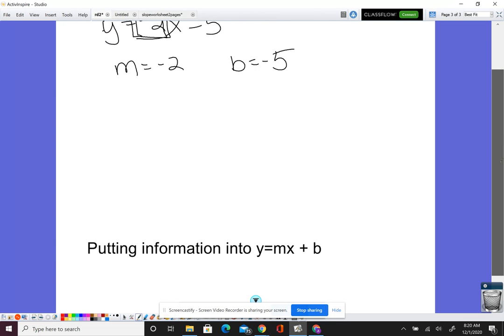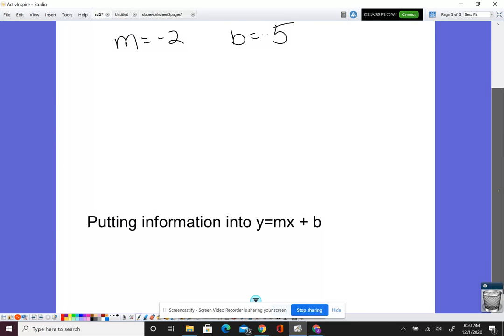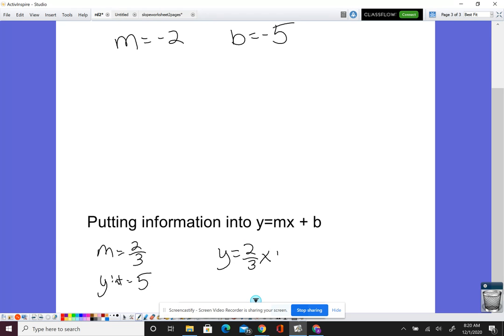And then you can also create an equation of a line if you're given the slope and the y-intercept. It's just a matter of plugging those into that equation. Y equals 2/3 x plus 5. So like I said, I didn't give you any practice on these for today.